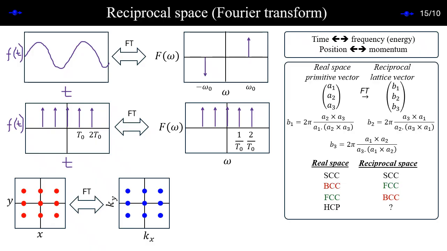So for silicon, it is a diamond or FCC lattice in real space, and its reciprocal space will be like that, as we discussed. That is nothing but the momentum space.